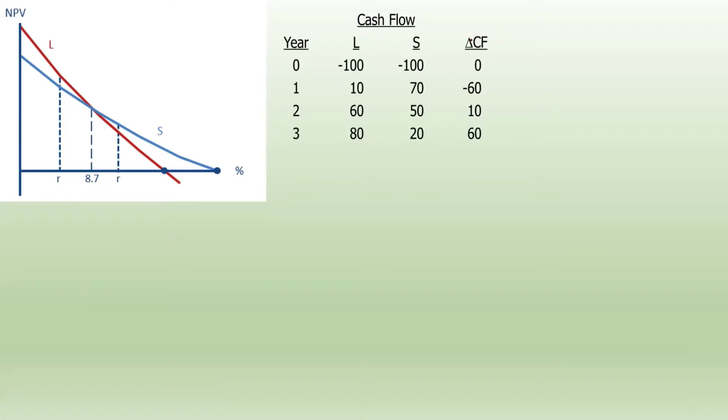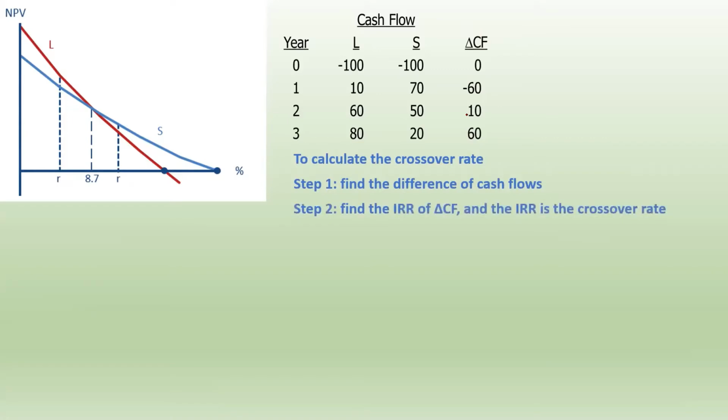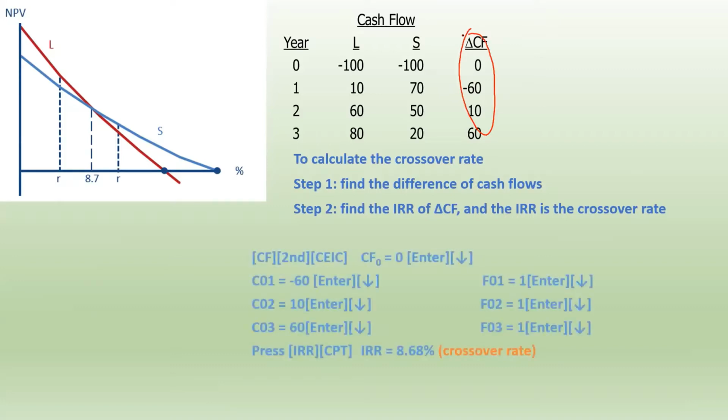Remember the difference between cash flows on this table? This is how we find the crossover point. First find the difference of cash flows, then find the IRR of this difference of cash flows. And the IRR you find is the crossover rate.